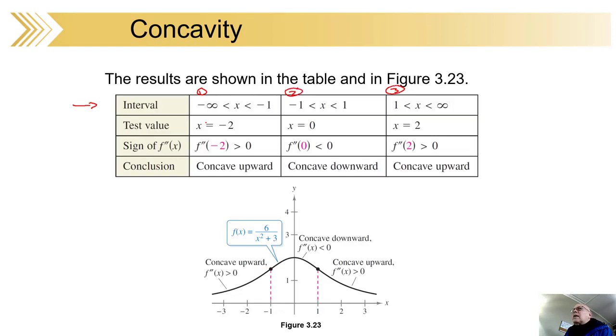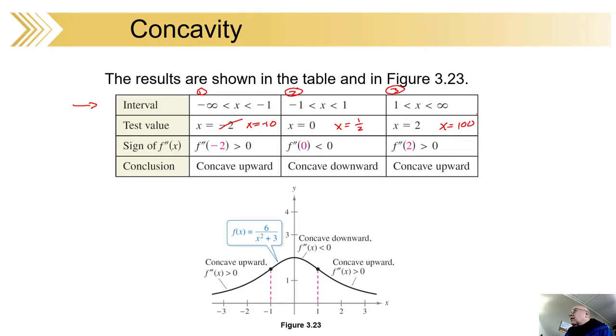Now they pick these test values. You can pick something totally different. Maybe you decide, if I were doing this, I would pick an x of negative 10. Or in this interval, maybe you would pick 1/2. And maybe over here you would pick 100.